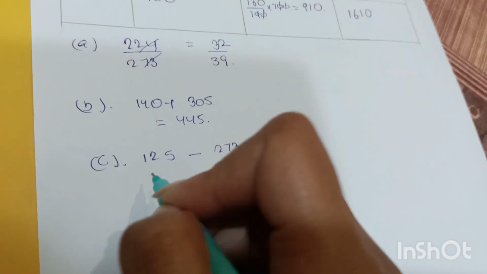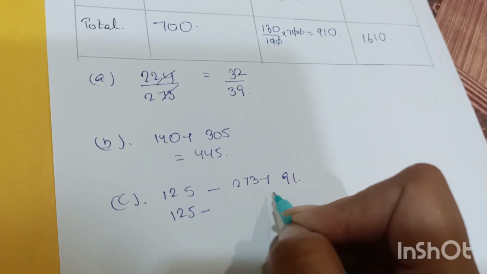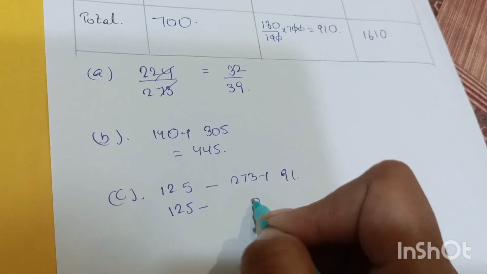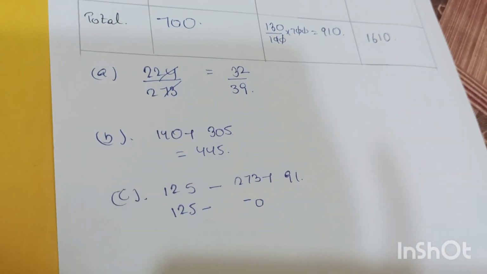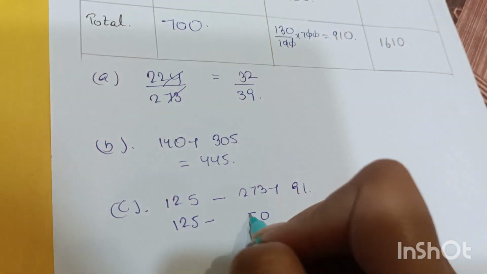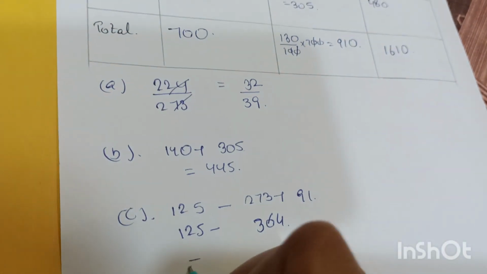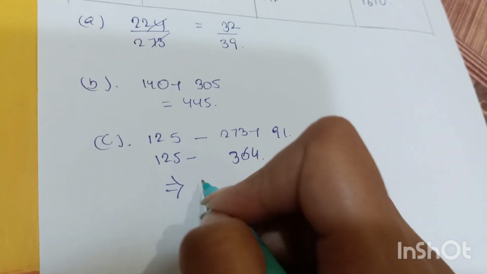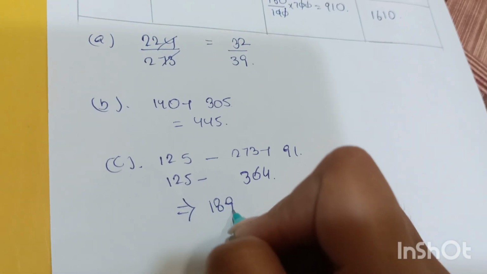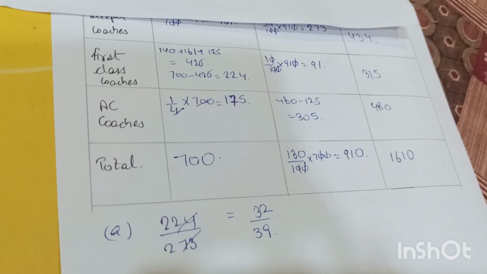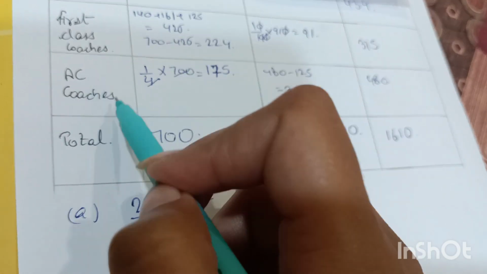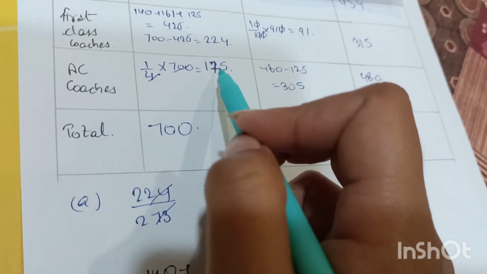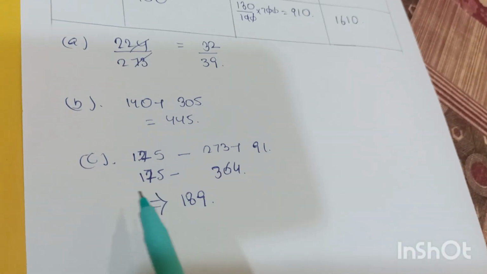When you solve it out and subtract it, you will get the value as 189. So the solution will be like this.